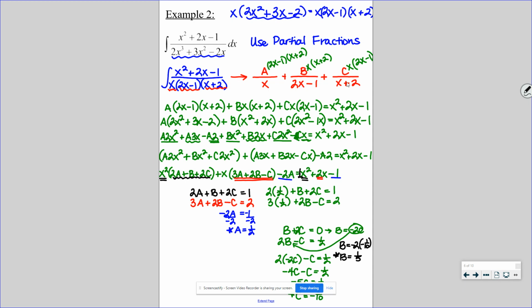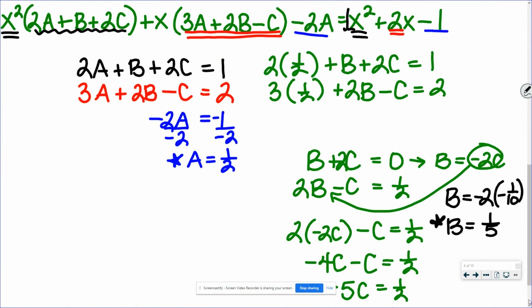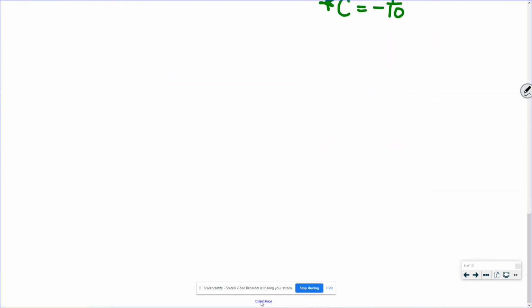We're going to go back to this area up here at the top where we had A over x, B over all this stuff, and we're going to plug in the A, B, and C values that we just found. So let's get some room. I'm going to go back and reemphasize the whole main goal. The main goal was to be able to integrate this very complicated fraction.